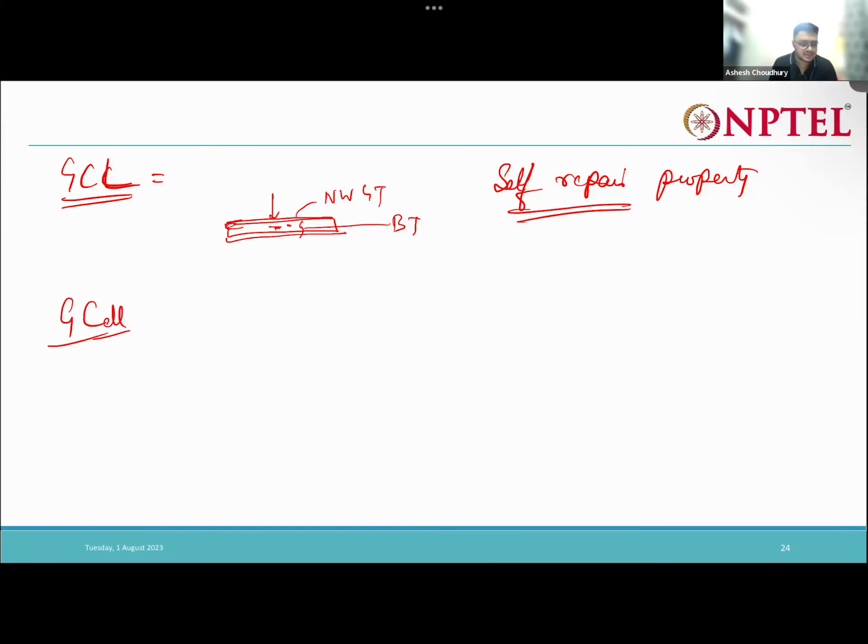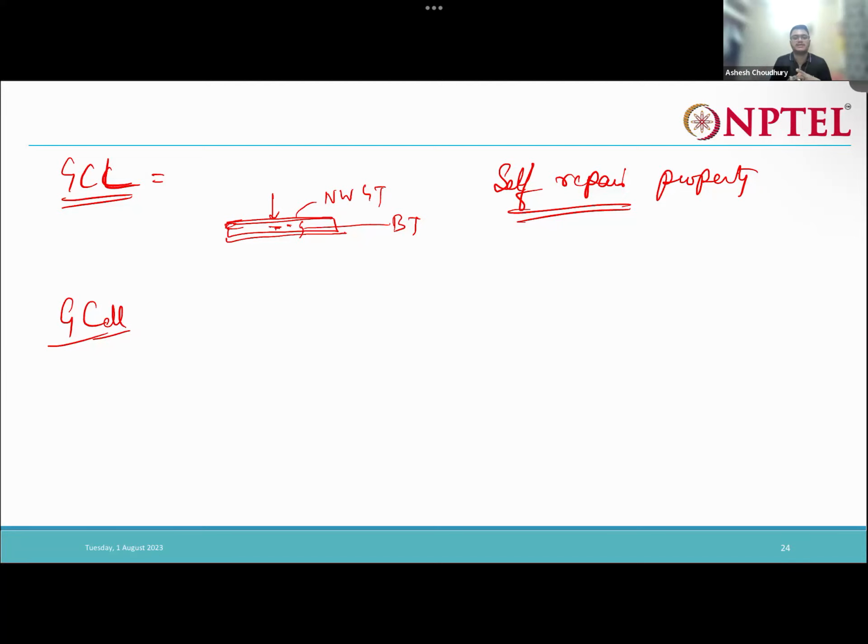Geocell. As we already discussed, we saw the image of geocells, right? Geocells are mostly hexagonal, a box kind of thing. Whenever we fill the geocells with soil and there is load on that soil inside the geocell, there is confinement.